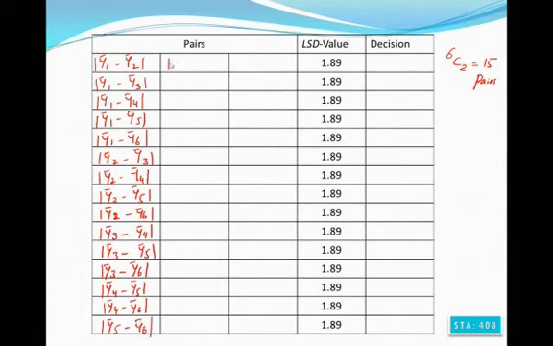Put the values here. The mean of the first treatment is 1.75 minus second one is 4. 1.75 minus third treatment mean, the value is 4.75. 1.75 minus fourth treatment mean 5.75. 1.75 minus fifth treatment mean, the value is 3.50, and sixth treatment mean is 1.75.